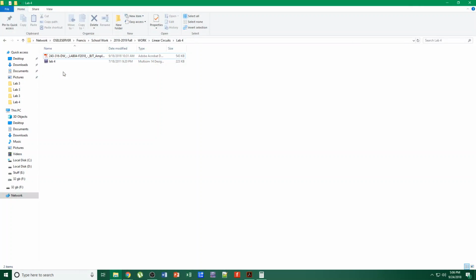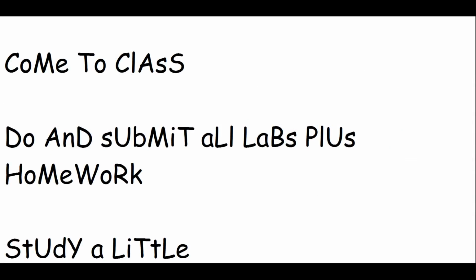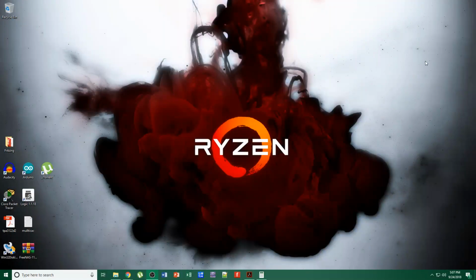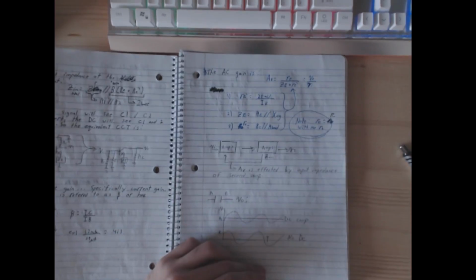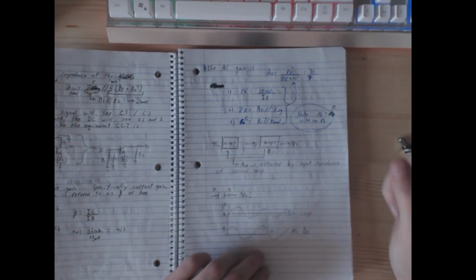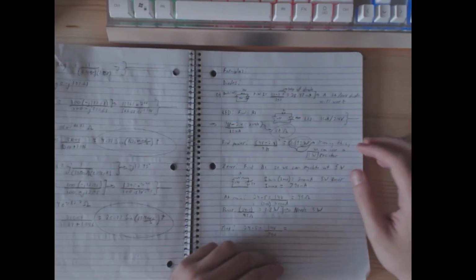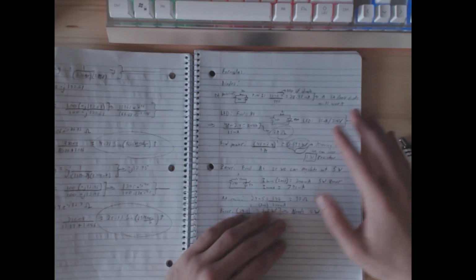So let's get our things ready. Give me 1 second. So what do we have? I have my formulas page talking about the diodes at the beginning.